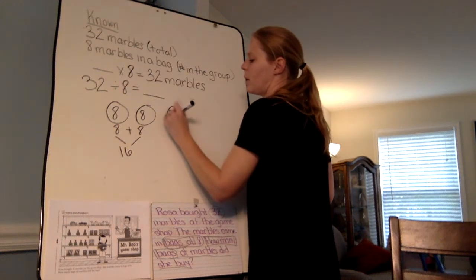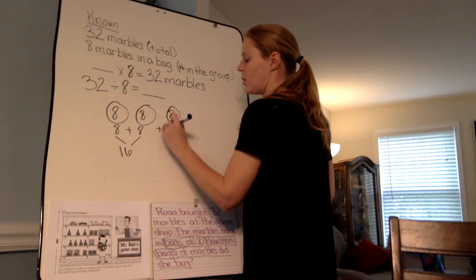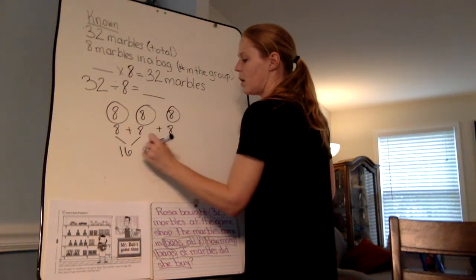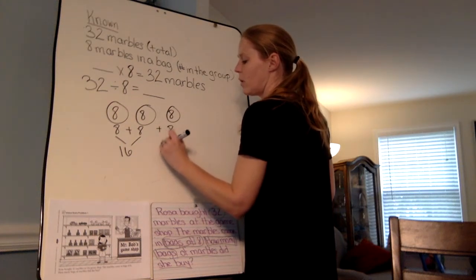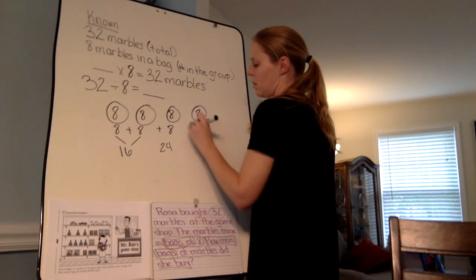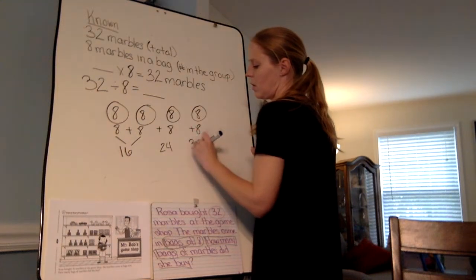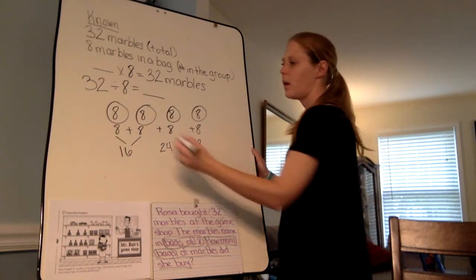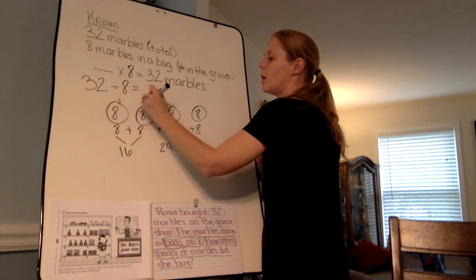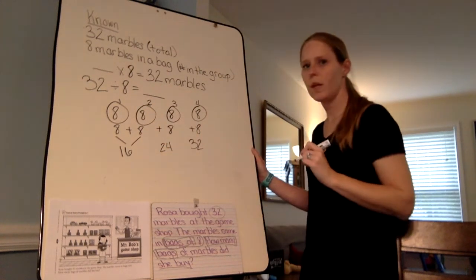Here's another group of 8. 16 plus 8 is 24. And then I could do one more group of 8. And that would equal 32. So I have 1, 2, 3, 4 groups of 8 now.